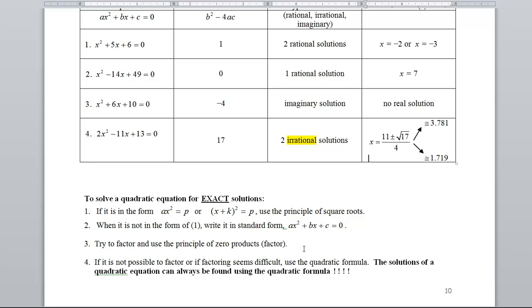Okay? Try to factor. Usually factoring is faster if you can notice it, and use the principle of zero products. If it's not possible to factor, or factoring seems really difficult, use the quadratic formula. The solutions of a quadratic equation can always be found using the quadratic formula. But it has to be in this form first.